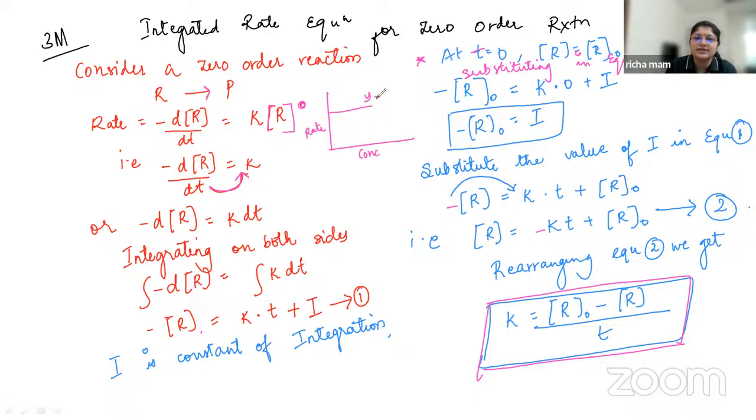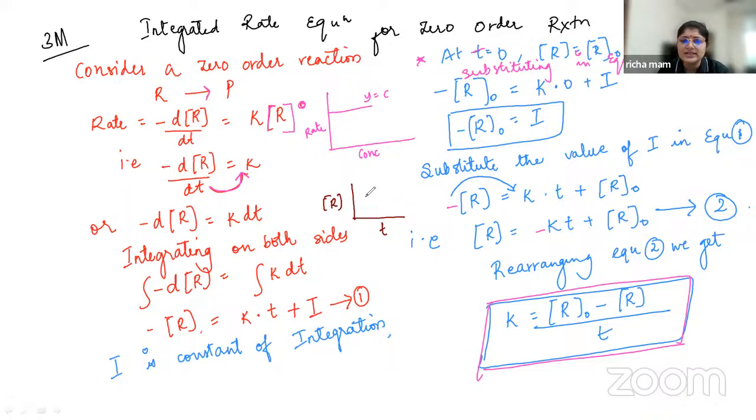Now from equation 2, we will plot another graph. So it is a graph of concentration of reactant versus time.